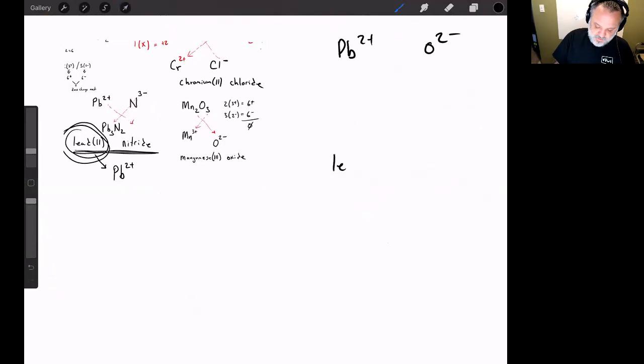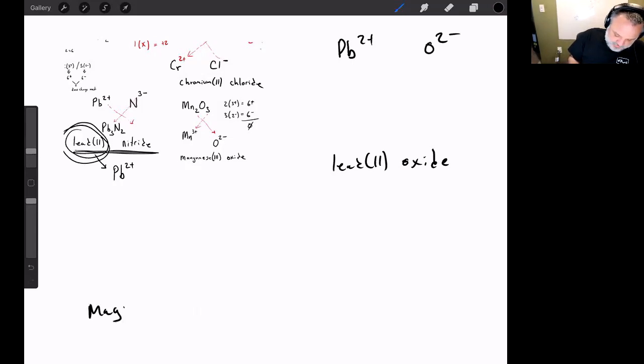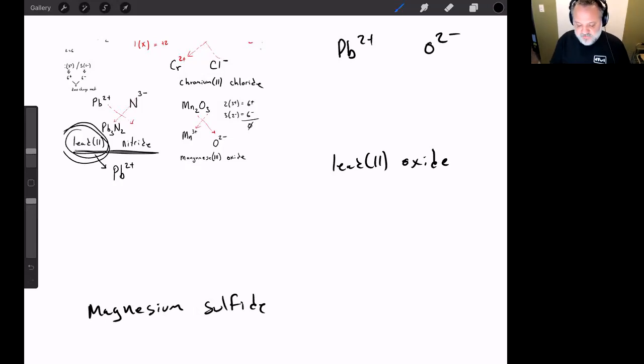This would be lead 2 oxide. Another example would be magnesium sulfide. For lead 2 oxide, it's the molecule that comes from the lead 2 ion and oxide.